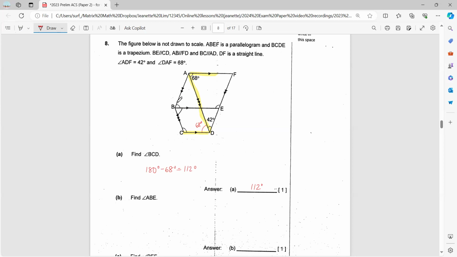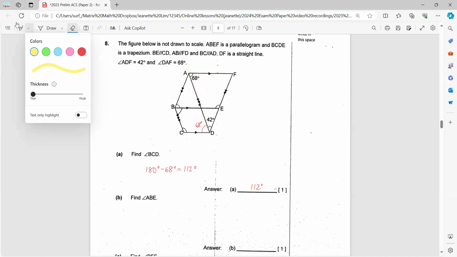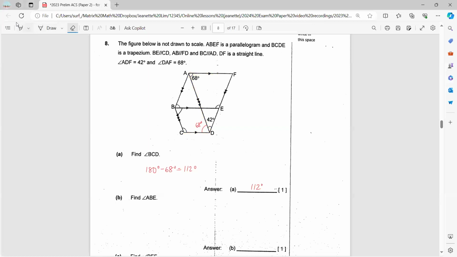Next, find ABE. This angle here. To find angle ABE, there's another pair of parallel lines, which is like here, here, here. So this angle here is 42.